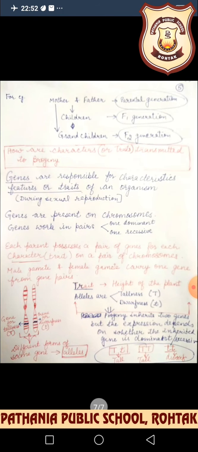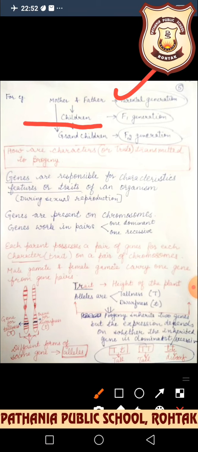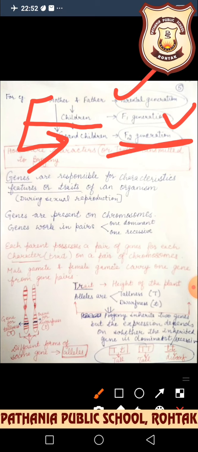Here you can understand it in a better way: mother and father are the parental generation. Children or offspring are the F1 generation, but their grandchildren are the F2 generation or second filial generation.